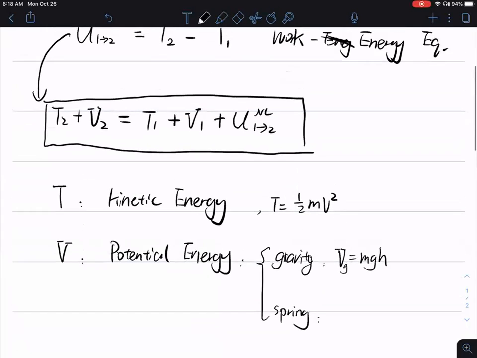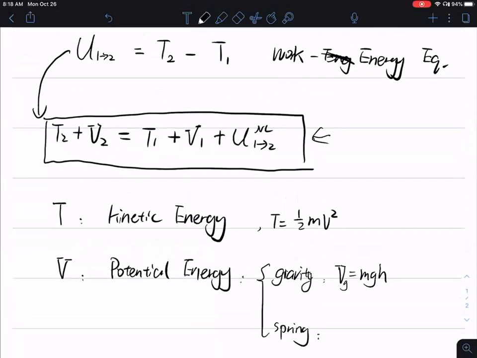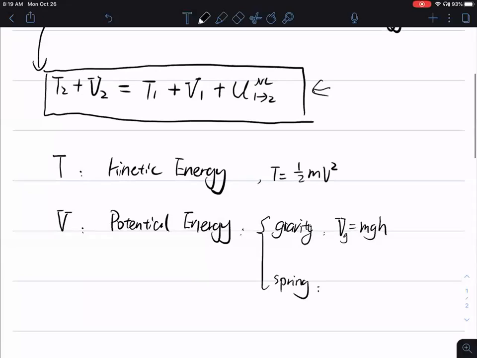If we go back to look inside this equation, to calculate potential energy from gravity at positions 1 and 2, you need to set up your reference point, right? It depends on where you set up your reference point, and you have to calculate your potential energy based on it. Okay, so that's the potential energy from gravitational force.